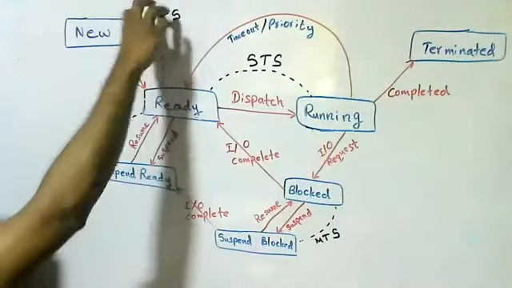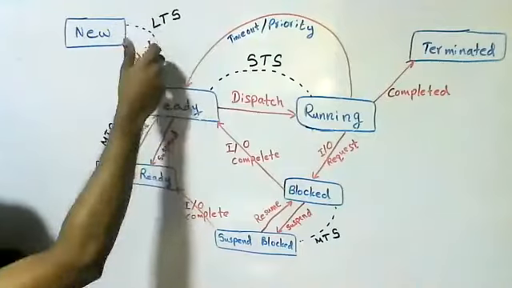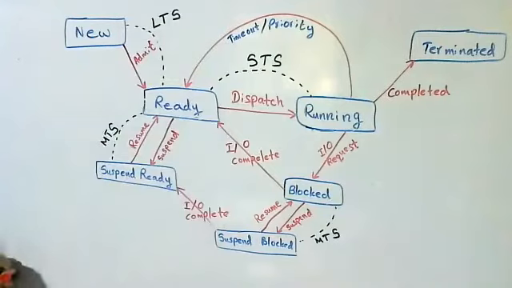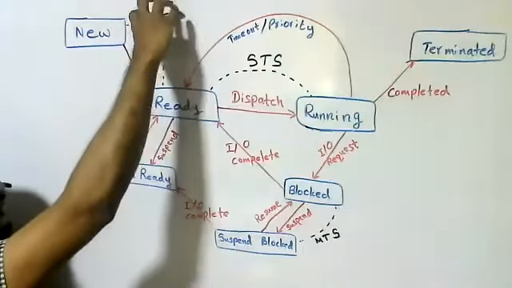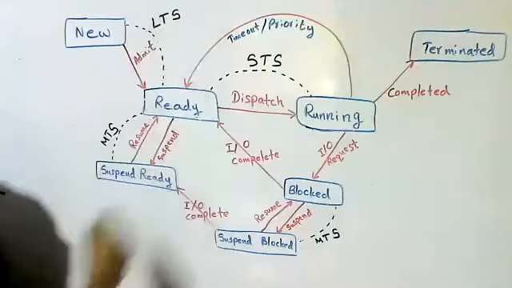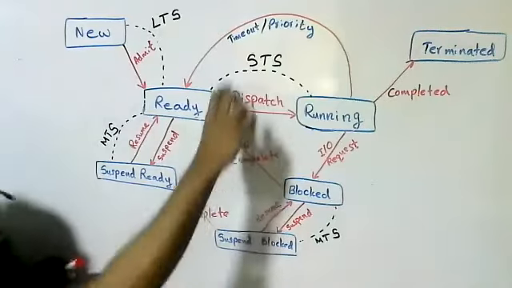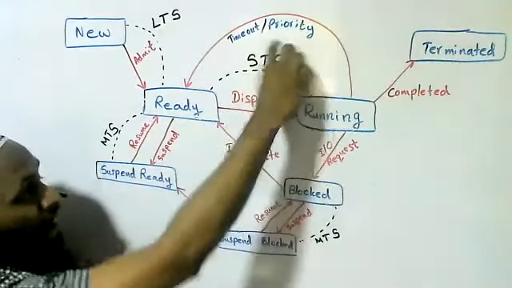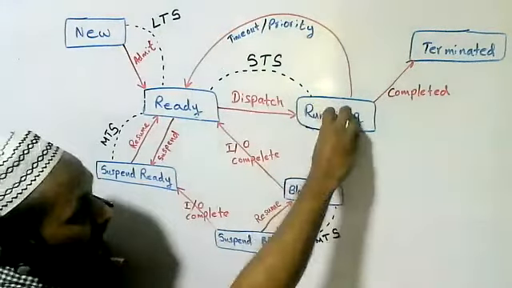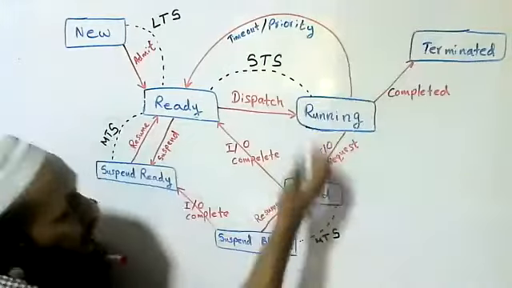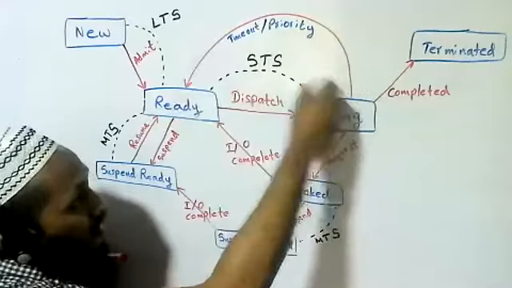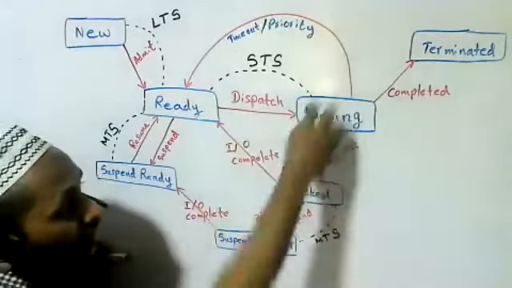So at that time, the long-term scheduler schedules that and admits those processes into the ready state. So the frequency of functioning of this long-term scheduler is low. That's why long-term scheduler. If we consider the short-term scheduler, the frequency is very high, students, because if a process is running, it can go to terminated, it can go to blocked, it can switch to ready state, then the next process has to be selected and assigned to the CPU.